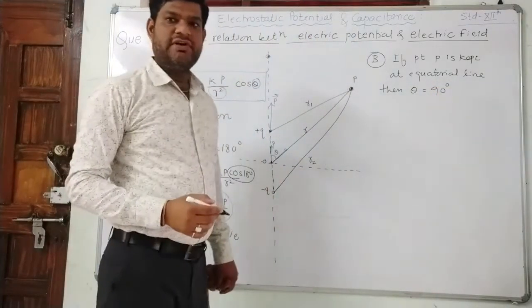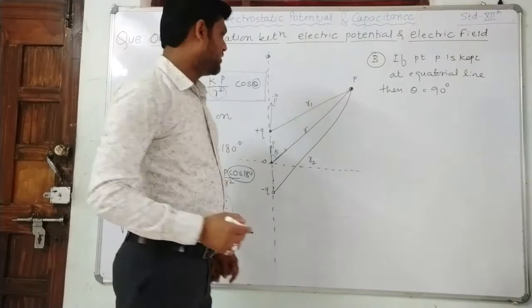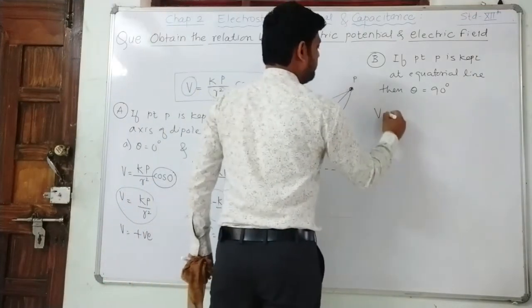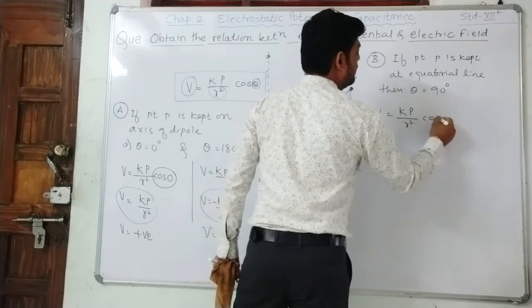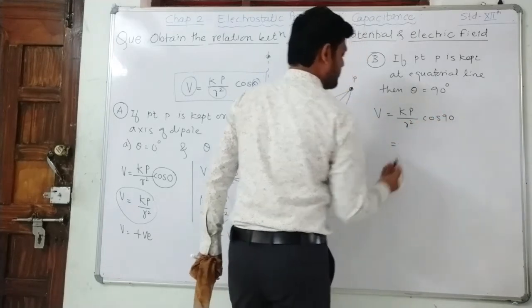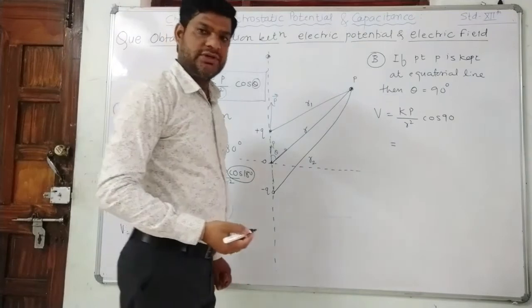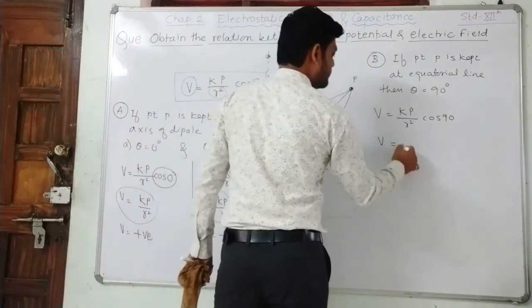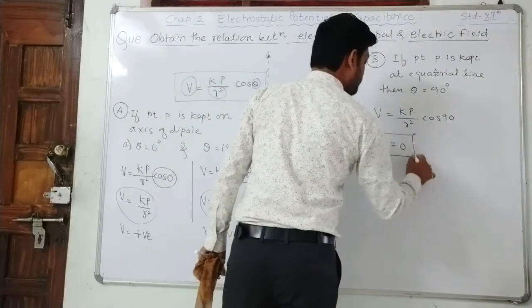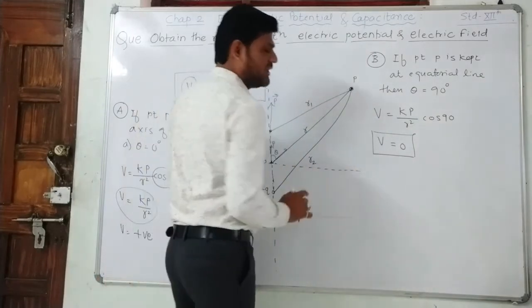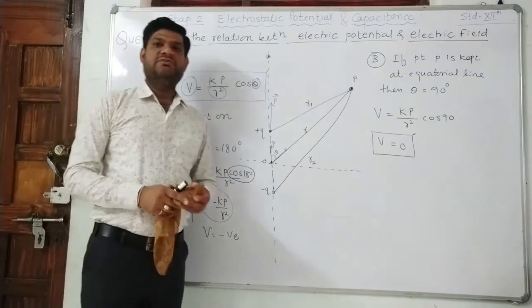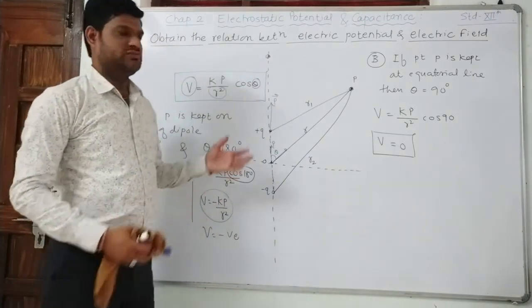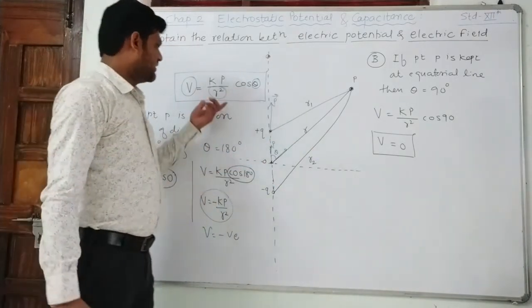Putting theta equal to 90 degree in our equation, V equals Kp divided by R square cos 90. As we know cos 90 is 0, so V equals 0. So our conclusion is that the potential on the equatorial line is 0. In this way you can solve MCQs and small questions on the basis of this formula.